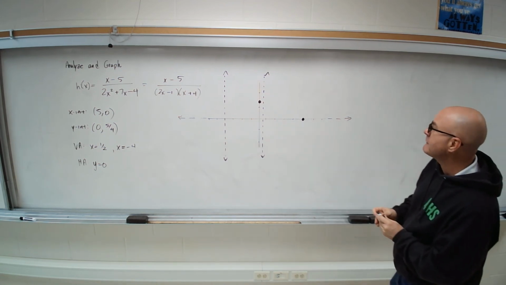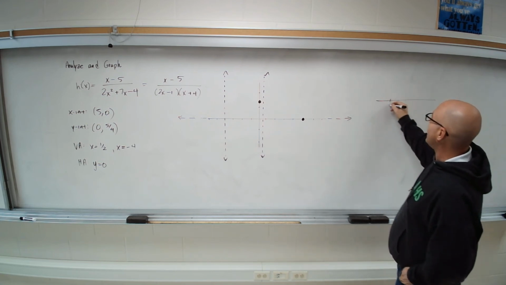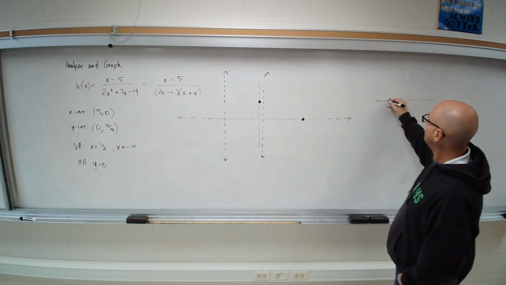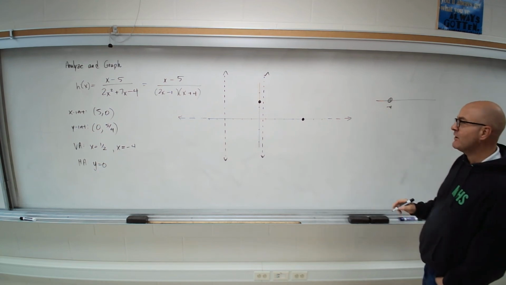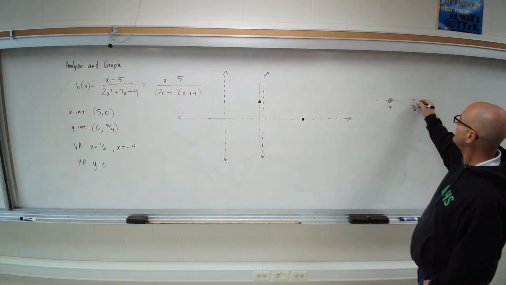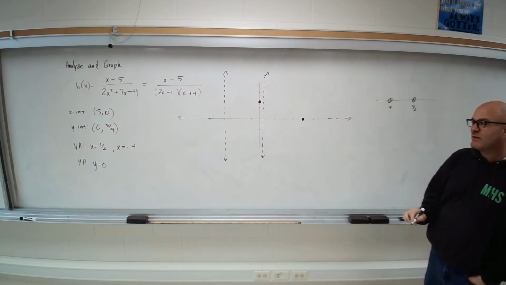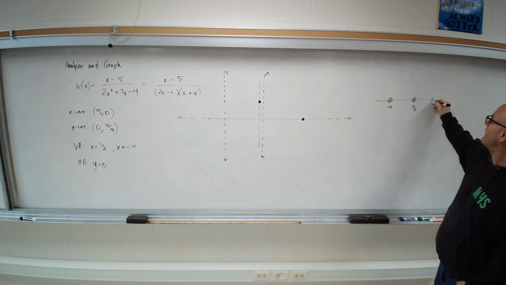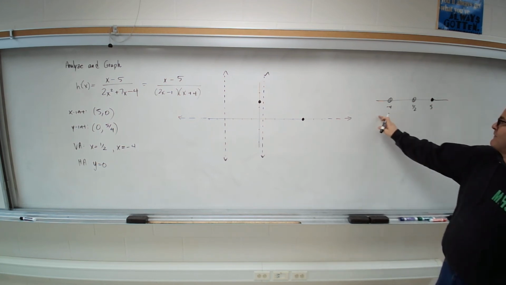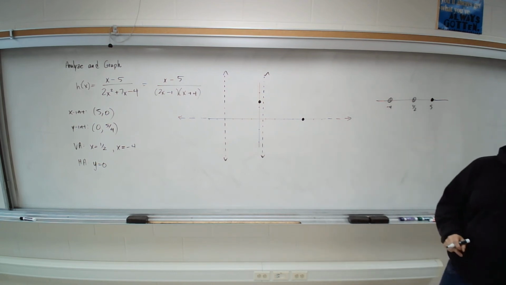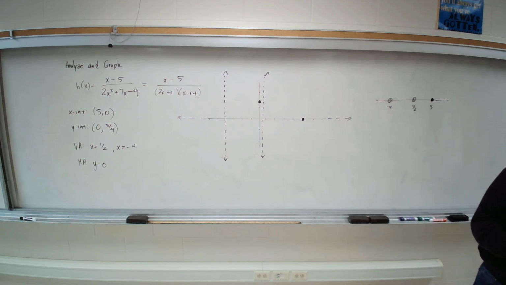So significant values on the x-axis are -4, which is a vertical asymptote, 1/2, which is a vertical asymptote, and then 5, which is a 0. So I'm going to have to test 4 regions, correct? With our sign table.